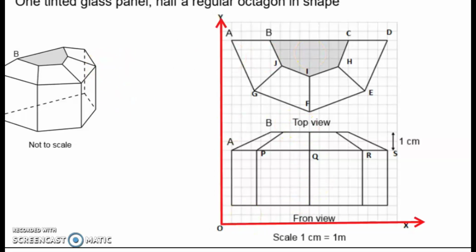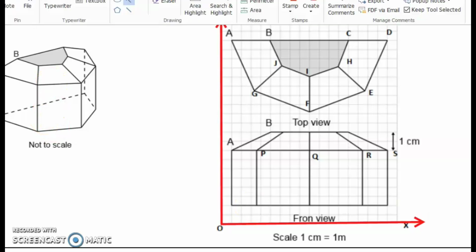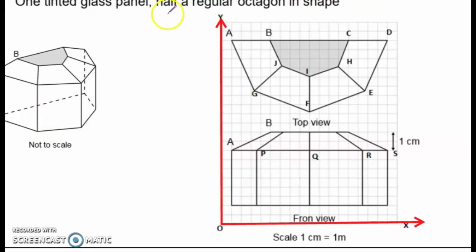And what is the scale reference given here? The scale is 1 meter, and it is specified in the problem. Listen carefully, we can understand from this. This is 1, 2, 3, 4, 5, 6, 7, 8.